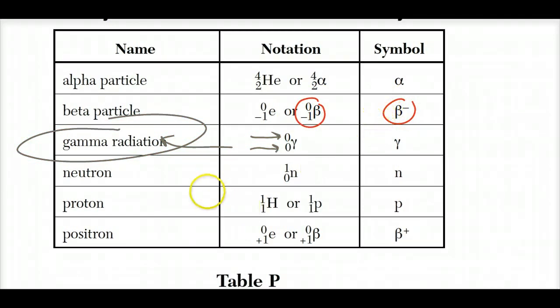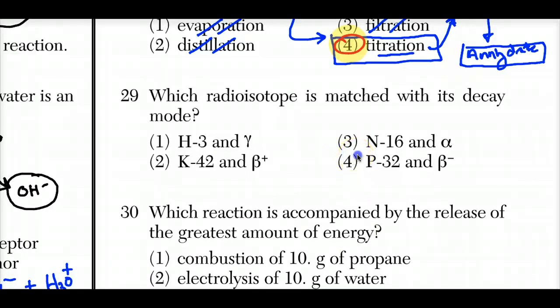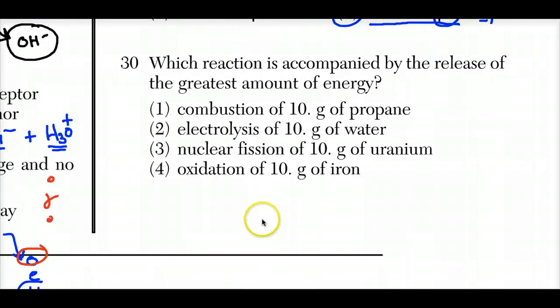Phosphorus-32 undergoes beta decay, so the answer is choice 4. I just looked on Table N and matched it. They could have changed this symbol to 0e -1, and that's why I went to Table O to see that, but I didn't have to. So number 29 is 4. Number 30, which reaction is accompanied by the release of the greatest amount of energy? Wow, the most exothermic.